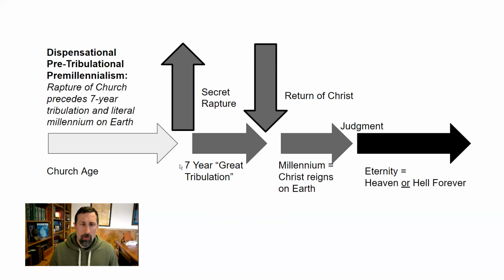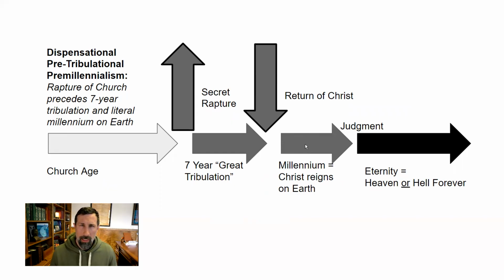Now, this view tends to hold a rather literal 7-year tribulation period, and then the return of Christ precedes the millennium, a literal 1,000 years of Christ reigning on earth. And again, that's why it'd be called pre-millennialism, because the return of Christ is before this millennial age. These folks in this camp do tend to hold to the literal number of 1,000 years.